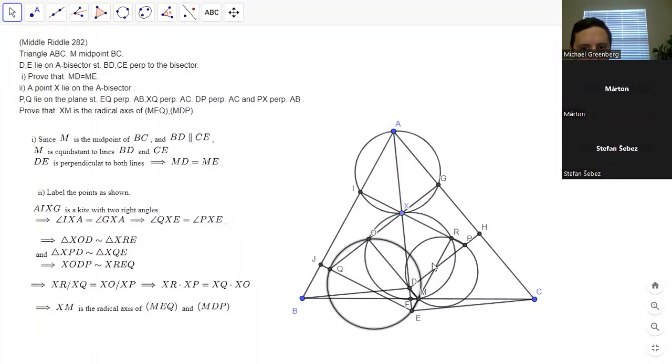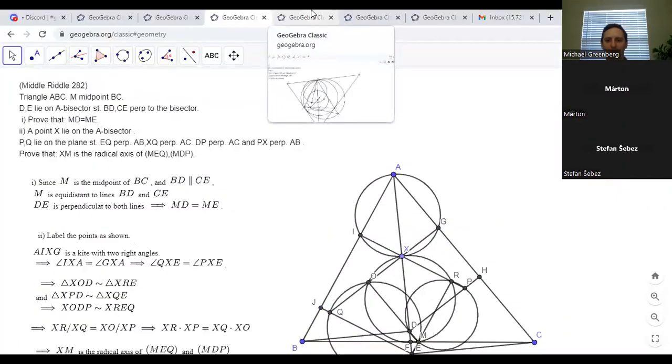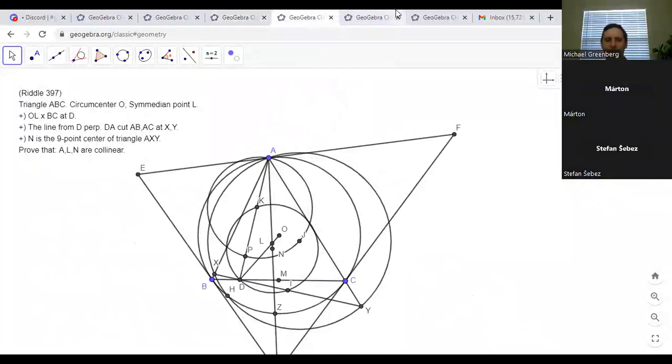We know EQ is perpendicular to AB, and we know E, what else do we know about? And then we want to show that these are collinear with point G. I think it's easy enough to prove the rest. We'll just move on to the next problem, but I think the viewers would be able to figure it out. But yeah, it was a nice solution.